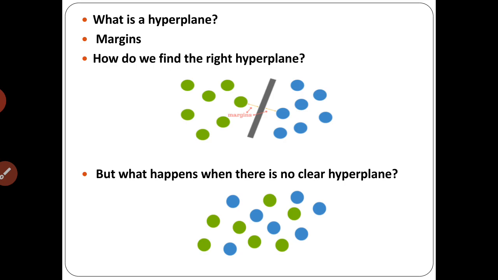You can think of the hyperplane as a line that linearly separates and classifies a set of data.